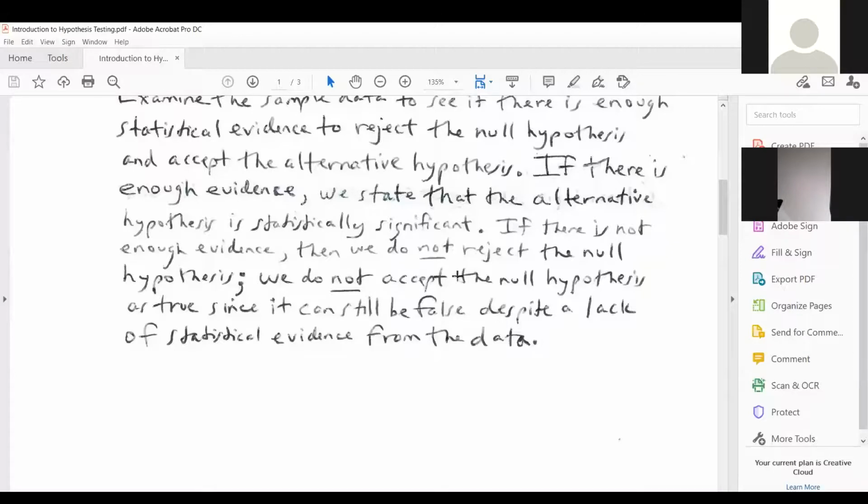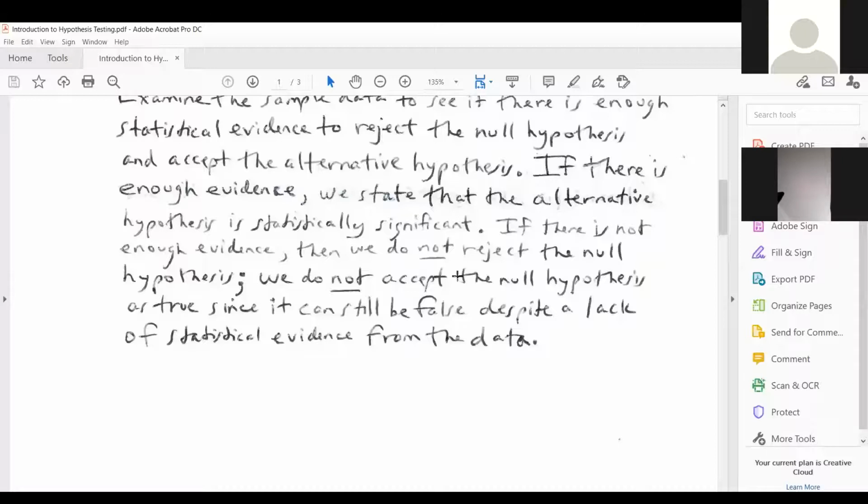Well, let's think about a criminal trial. Let's say the person committed a crime, whatever the crime might be. However, the district attorney, as you probably know from watching television, didn't have a good enough case, didn't have enough evidence to convict that person. So the jury basically said, not enough evidence, we're going to let the person go. So what has happened?